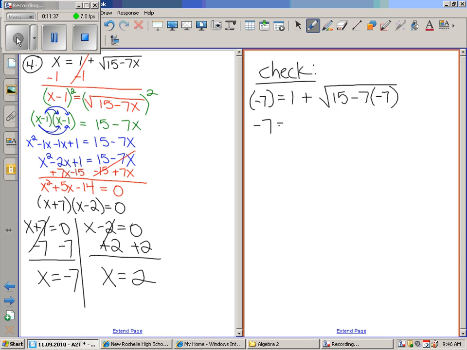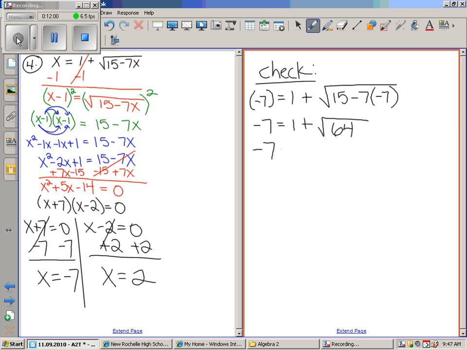So negative 7 equals 1 plus, let's see, 15 minus negative 49 is, minus negative 49 is the same thing as positive 49, right? Because two negatives negate each other. Okay, so it's 64.